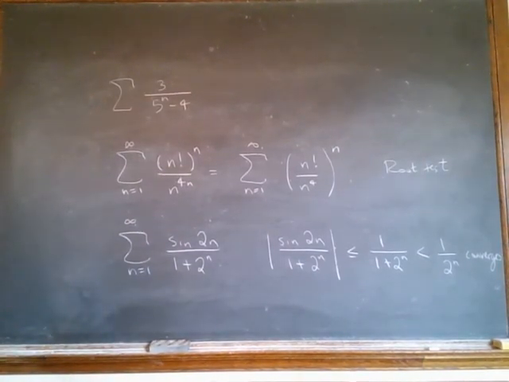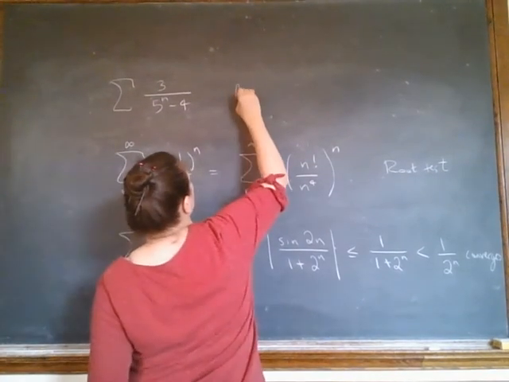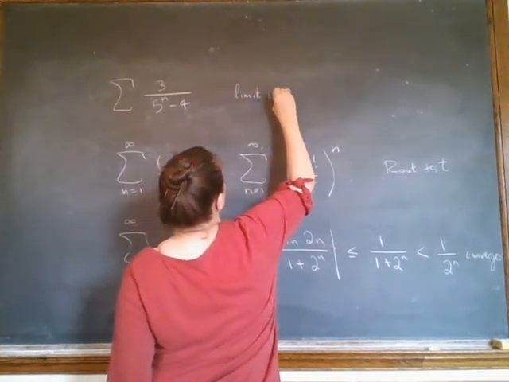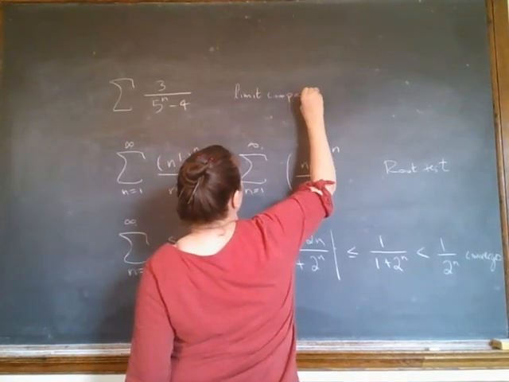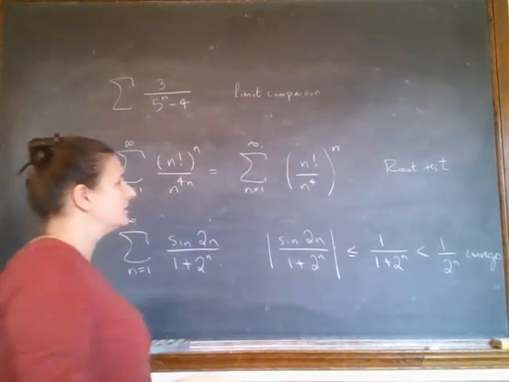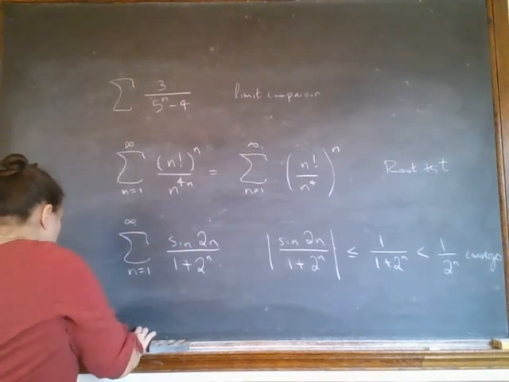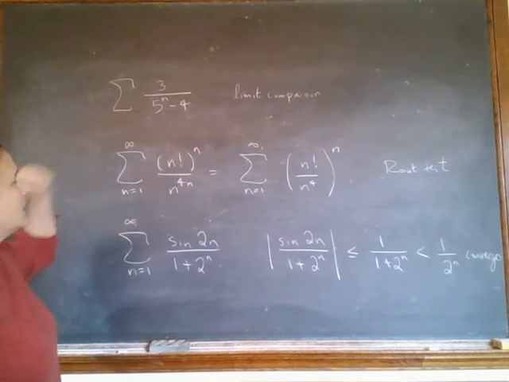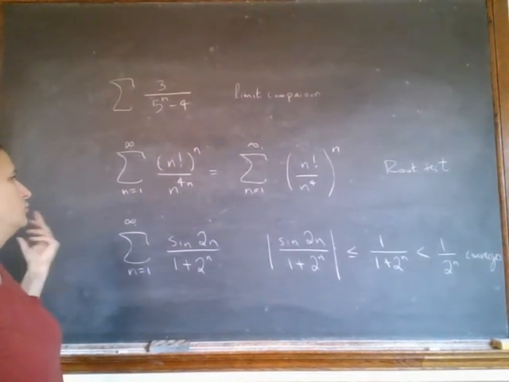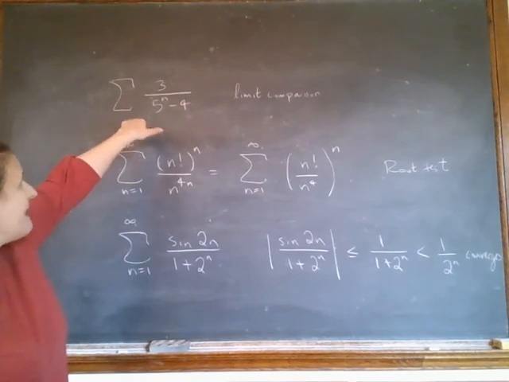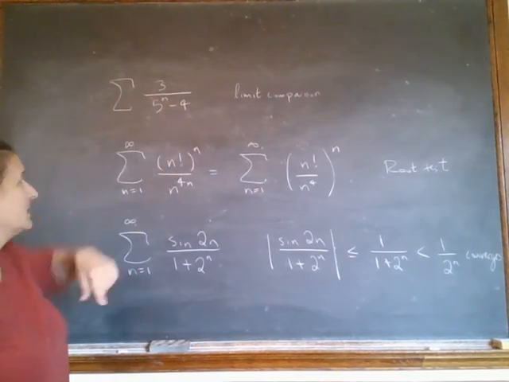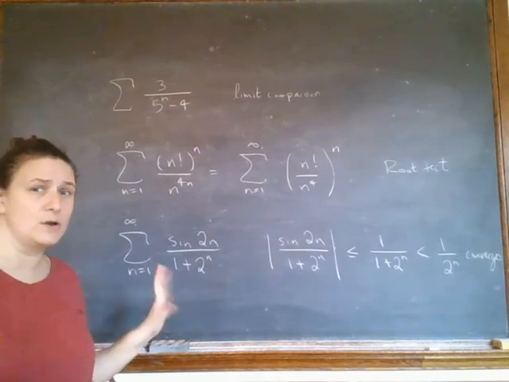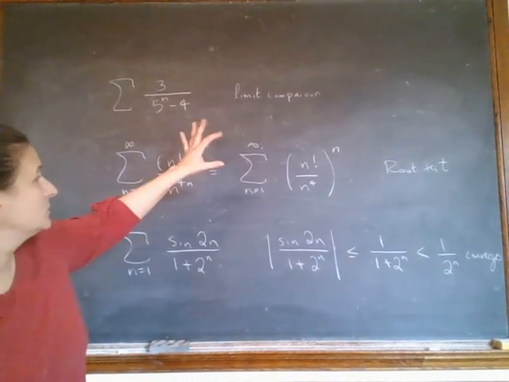You can do that with limit comparison with 1 over 5 to the n. So you don't necessarily have to do limit comparison only with the rational functions. Sometimes it's useful with these geometric ones where it doesn't easily fit into the root test, right? Because if I take the nth root of this, that bottom is going to be a bit of a mess. So maybe I don't want to do that. I make my life a little bit easier with the limit comparison.